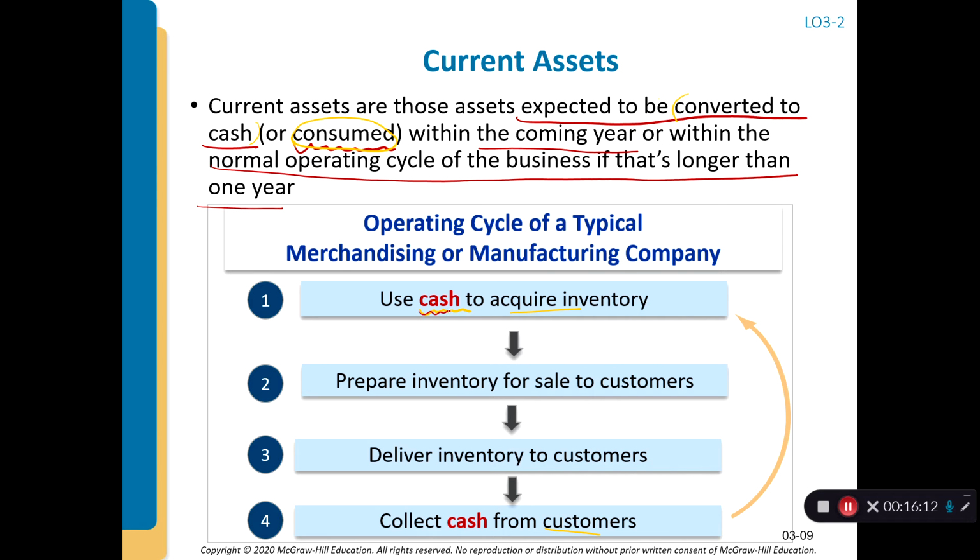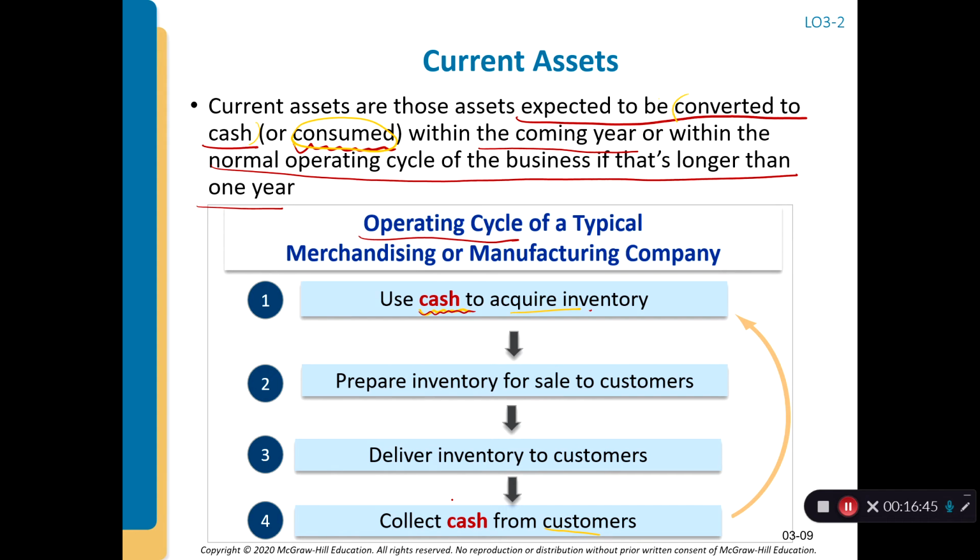I use cash to buy inventory, I prepare inventory for sale, and I deliver it. Then I transform inventory to cash again because I collect money from the customer, and then I use that cash to buy more inventory. It just goes on and on. It's called an operating cycle, right? How long does it take me to go from cash to cash?